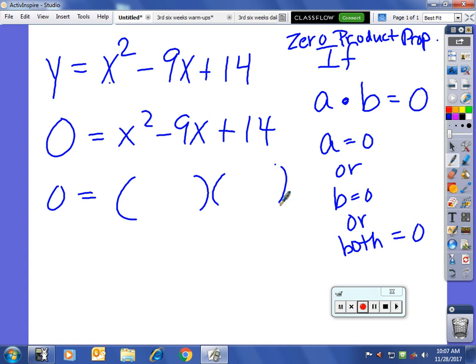Raise your hand when you know the factors. Okay, good. So what does this factor into? X minus 7 and x minus 2. So you got to be careful that you got the right signs and the right factors, or else this is not going to work.